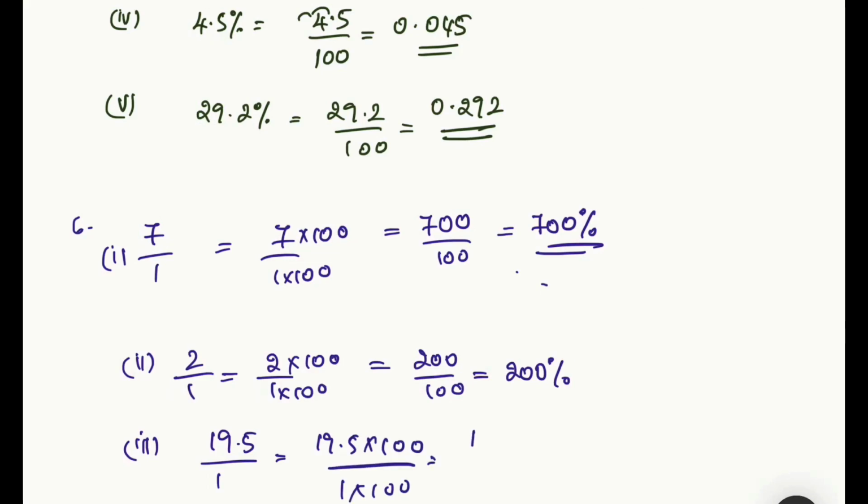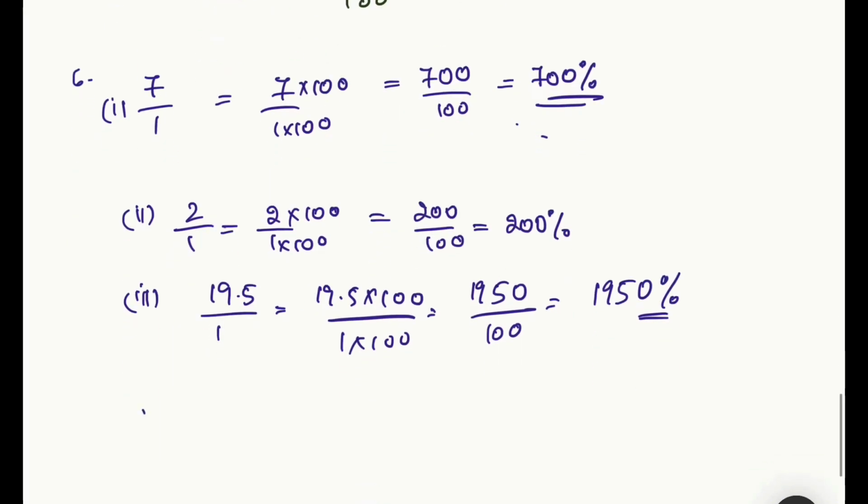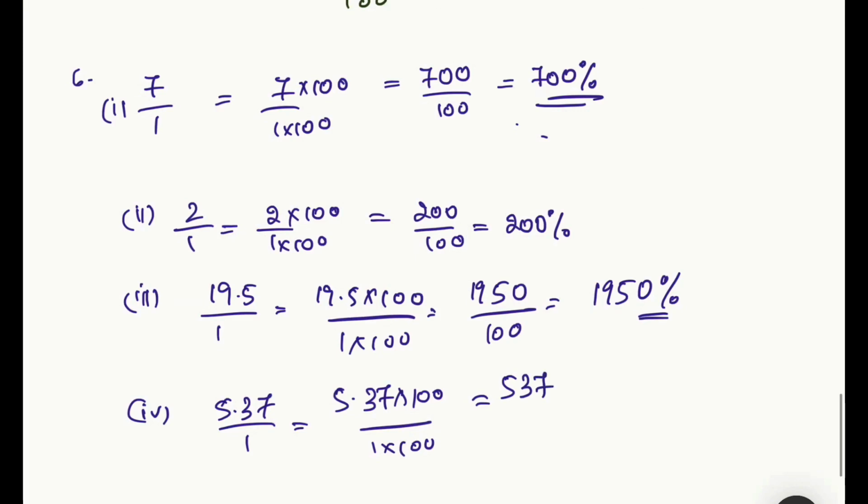That is equal to 1950 by 100, that is 1950 percentage. Fourth one, 5.37 by 1. That is equal to 5.37 into 100 by 1 into 100. That is equal to 537 by 100, equal to 537 percentage.